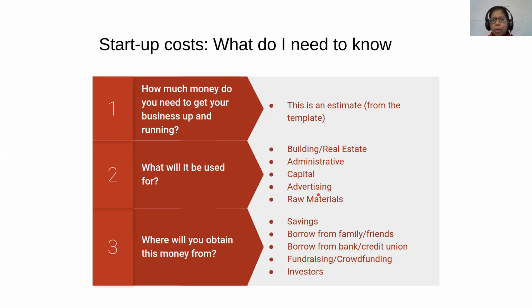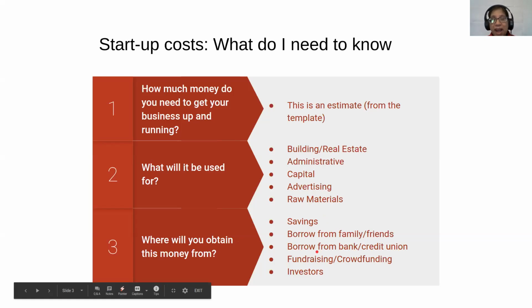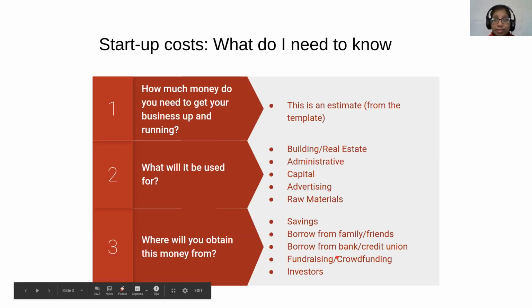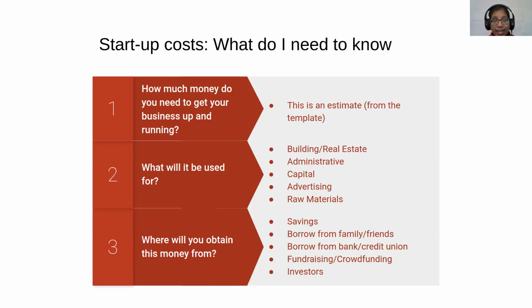Okay, and when you have calculated what your total startup cost is, then you need to figure out where you will obtain this money from, whether it's from savings that you may have, whether you have to borrow it from family or friends, whether your parents could borrow from the bank or credit union for you, whether you could do some fundraising as well, or whether you can pitch your idea to some investors, and who knows, they might be willing to invest in your idea.